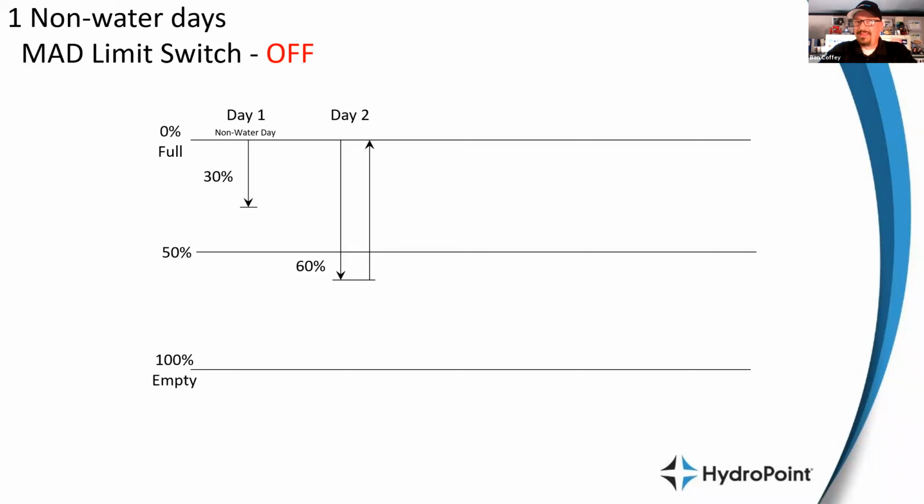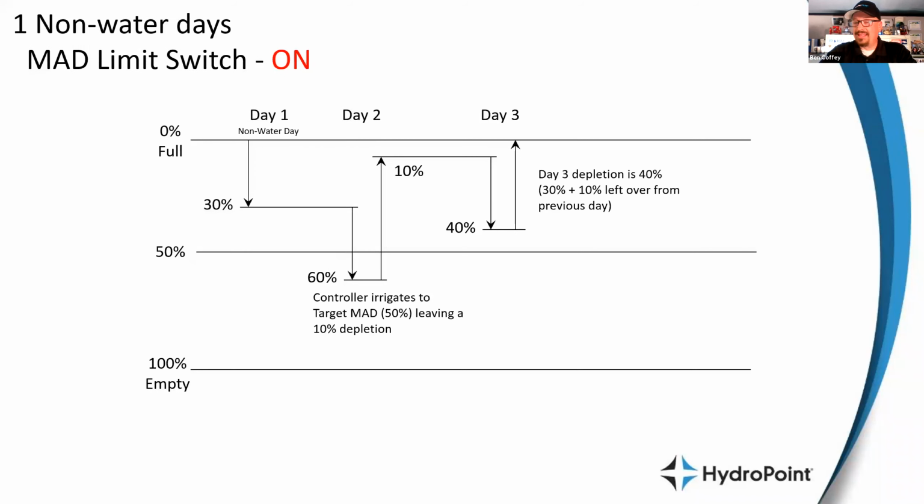So when you turn on the Mad Limit Switch, the schedule begins to behave differently, and it tracks that depletion. It tracks the depletion in the same way, but it doesn't apply the irrigation to compensate for it in the same way. So when you turn on that Mad Limit Switch, again, day 1, we get to 30%.